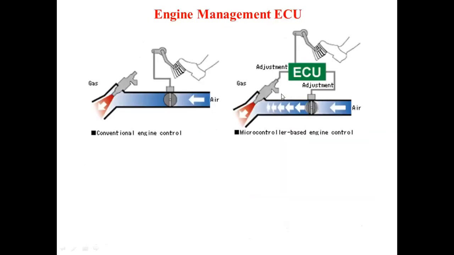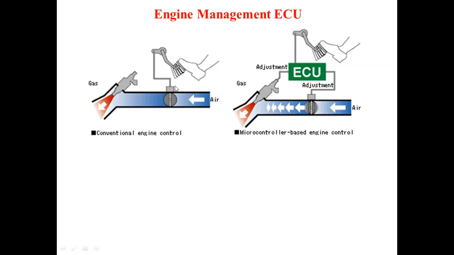Now if you go to the engine management system, these are the two figures which indicate the difference between conventional engine control and engine electronic control, that is, microcontroller based engine control. In conventional engine control, you are controlling the supply of the fuel by pressing the accelerator, that is, the throttle.